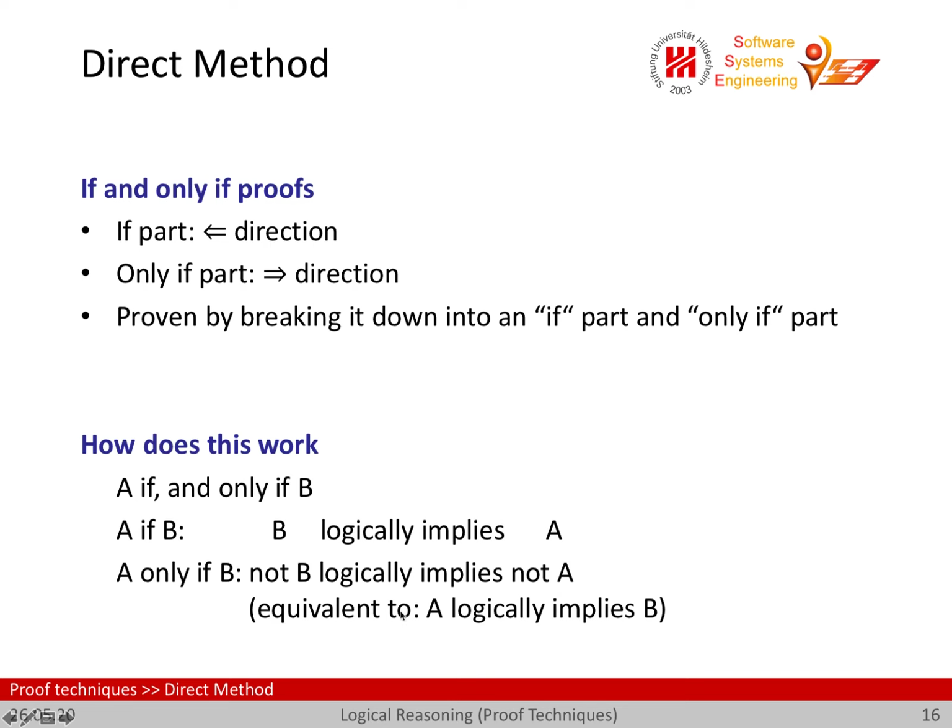Or this would be equivalent to proving that A logically implies B. So these last two options are logically equivalent, and you only have to prove one of those. But you have to prove this one here, B logically implies A, and then either A logically implies B or not B logically implies not A.